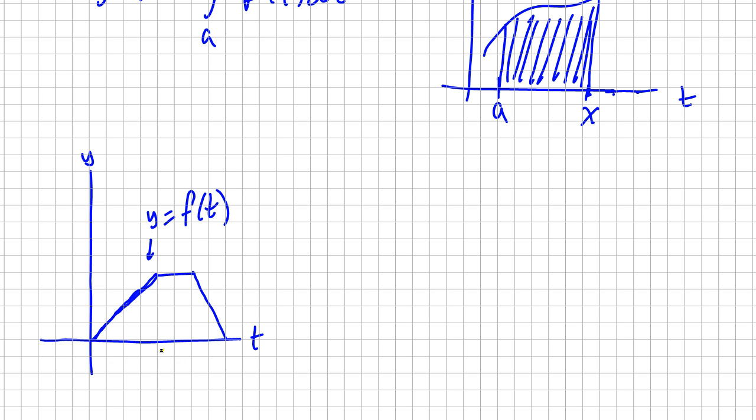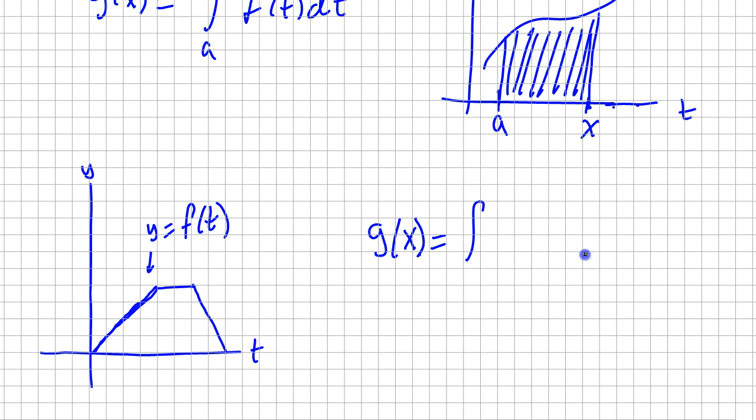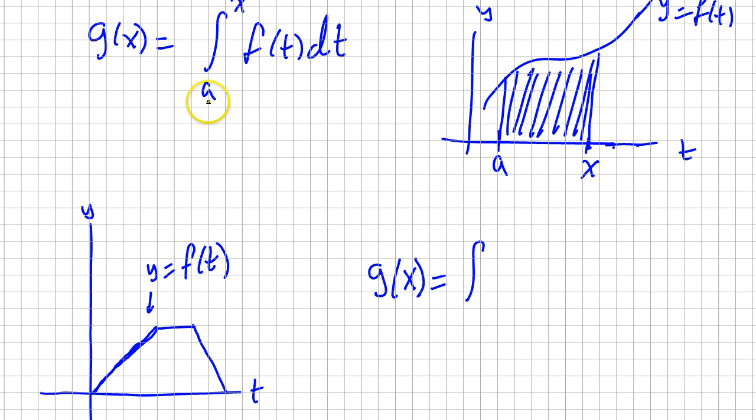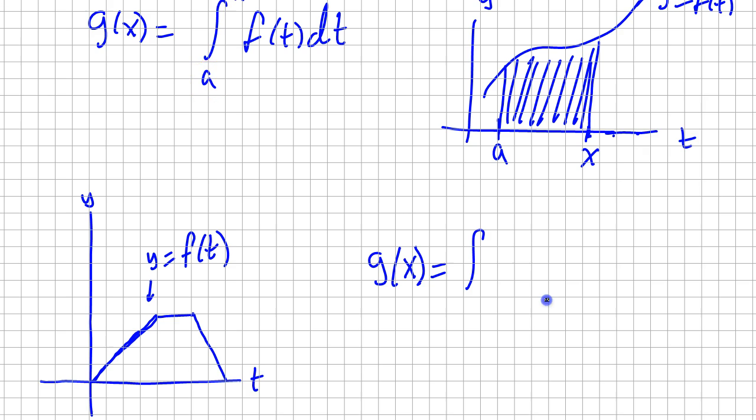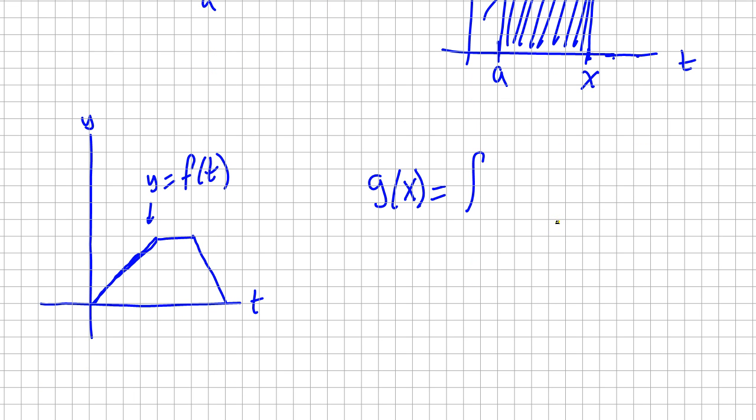I'm going to define g of x to equal the integral. Now the starting point, what I had up here, this a could be any starting point, but once you've chosen that starting point, you stick with it. So for this first example, I'm going to start at 0 and then go to x of f of t dt.